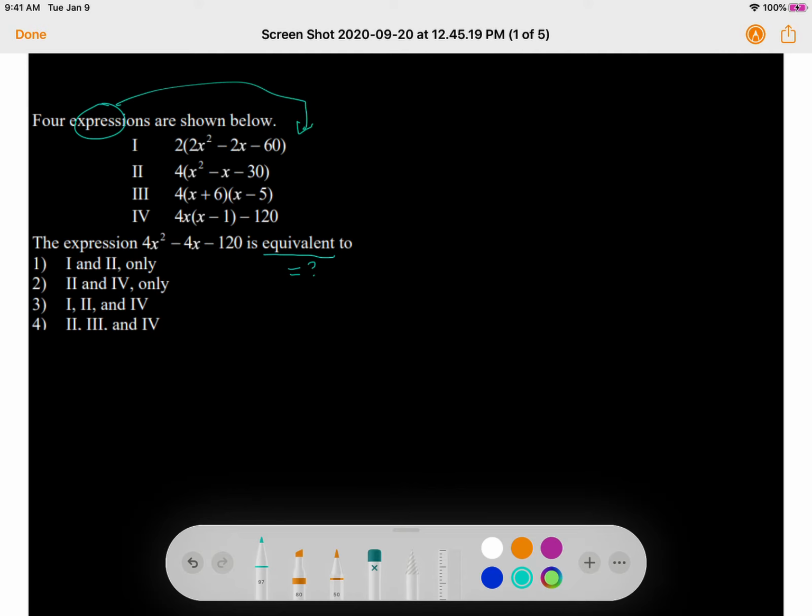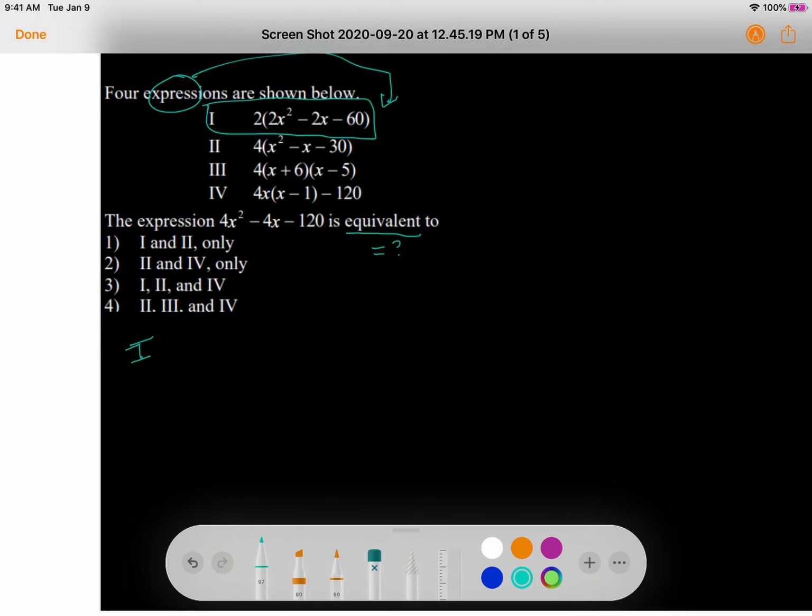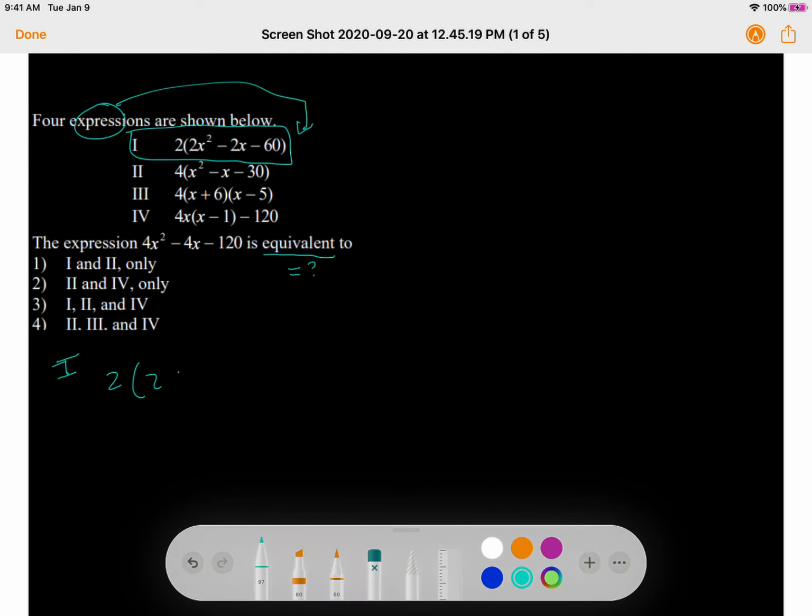So let's go ahead and try the first one. I have 2 times (2x squared minus 2x minus 60). Well, how can I prove that this one is the same as the one below there? Well, I can just distribute here.